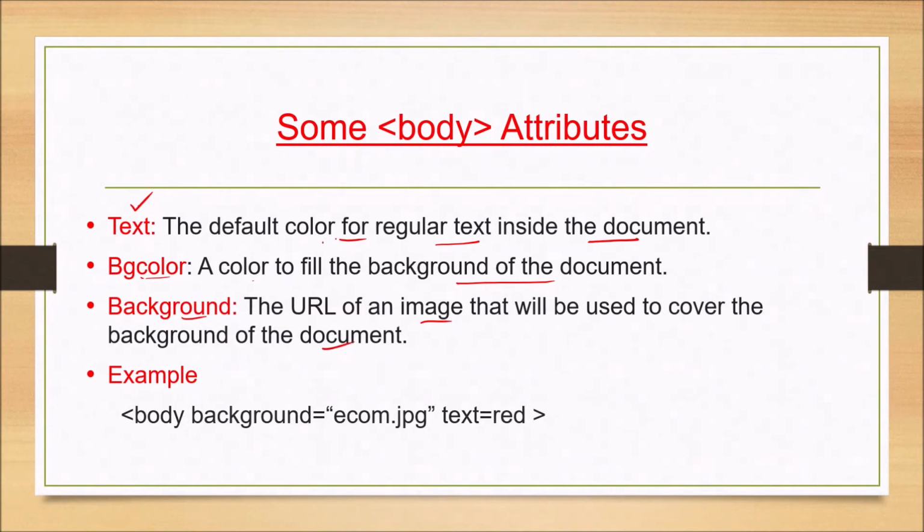So this is an example: body and then background equals ecom.jpg. Suppose this is a file you want to show on the background of the document, you can use it this way. And then text equals red, and bg color equals yellow. We can use any color for background color, and we have to use the attribute bg color.